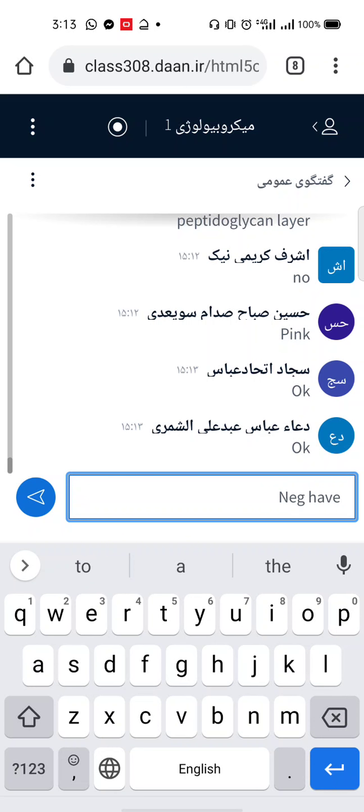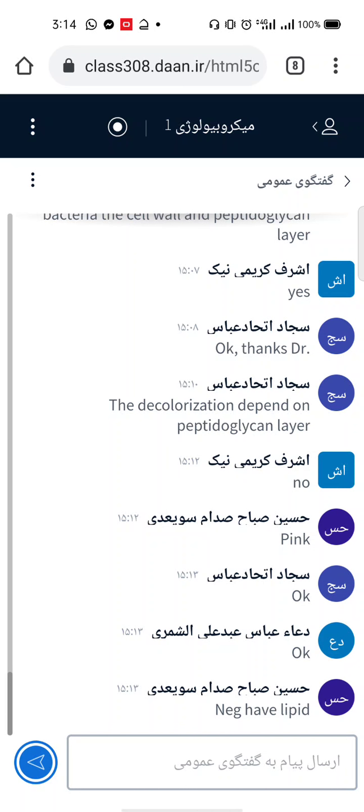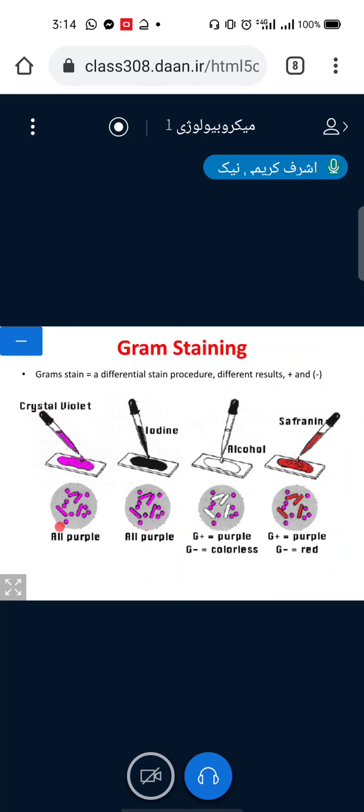The procedure of gram staining. Crystal violet: all bacteria became purple or blue. After that, iodine: all purple or blue.